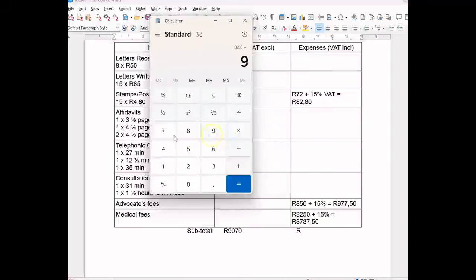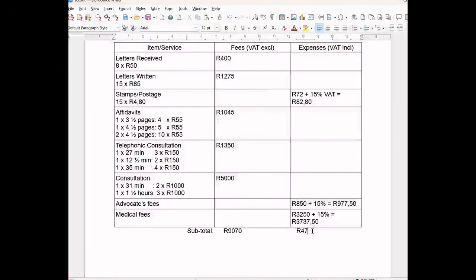So we're going to go plus 977 Rand 50, plus medical fees, which was 3,737 and 50 cents, for a grand total of 4,797 and 80 cents. So these are our subtotals.